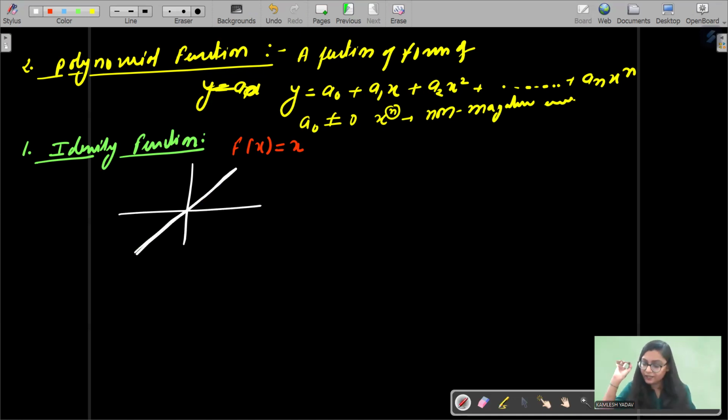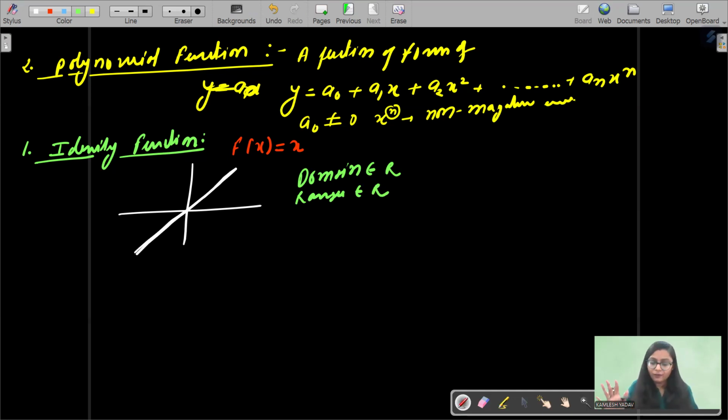So this is called the identity function. And in this graph, we see clearly the domain belongs to R, because the line lies between minus infinity to plus infinity. Now the range also belongs to R.